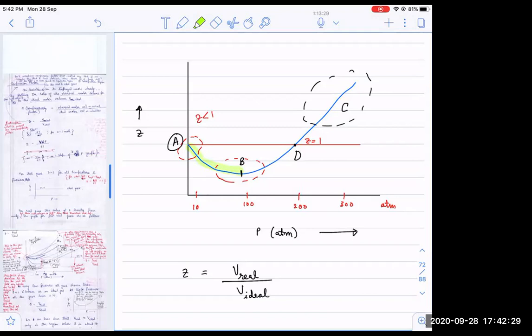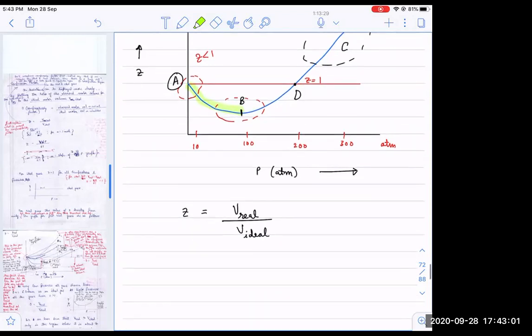When there are attractive forces present between two molecules of a real gas, which are not present in an ideal gas, then at a particular pressure you are always going to see lesser volume for a real gas. That is why throughout A to B, we have Z less than 1. It means V real is less than V ideal.